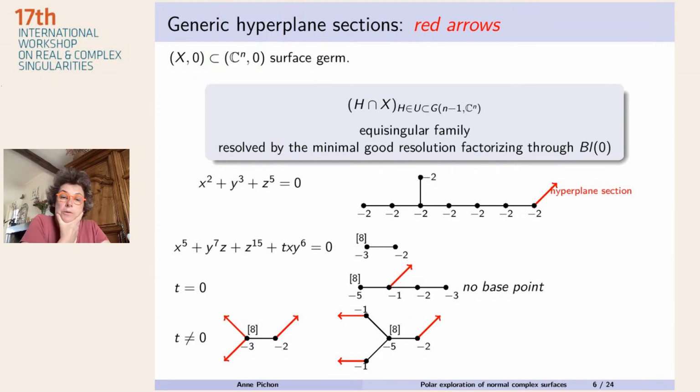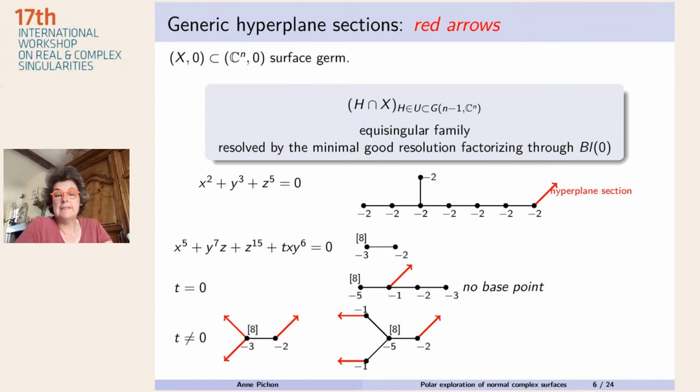So for t equals 0, the generic hyperplane section has only one component and is obtained by blowing up twice the intersection between the two original irreducible curves, while in the case t different from 0, the hyperplane section has 3 components, and you have to blow up 2 points on the genus 8 curves to make the irreducible component of the blow-up of the point appear, as you see on the second drawing.